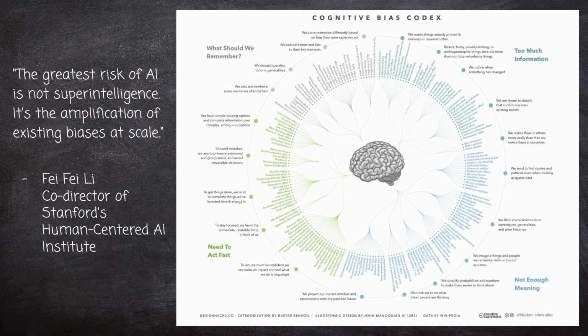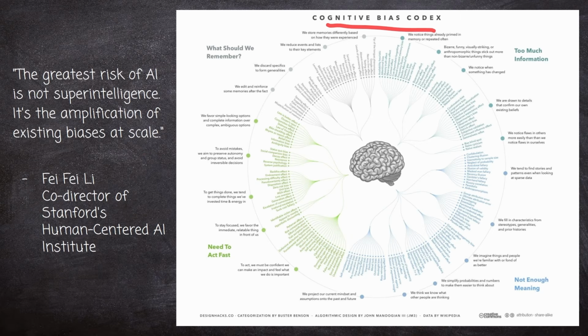Now, there are tons of different kinds of bias. I'm going to direct you to something called the Cognitive Bias Codex, and I'm going to link to it down below in the text. Probably one of my favorite quotes on bias is from Fei-Fei Li: The greatest risk of AI is not superintelligence, it is the amplification of existing biases at scale.